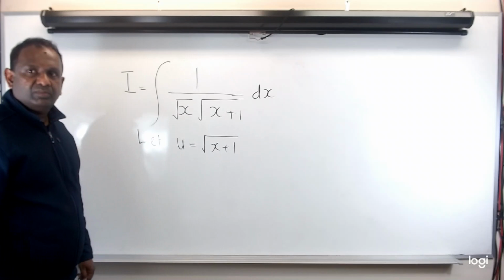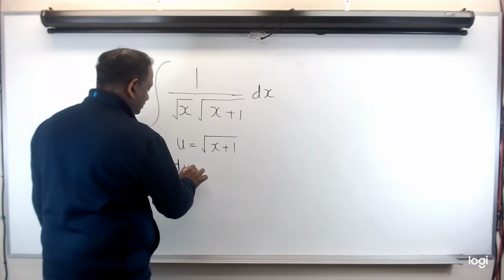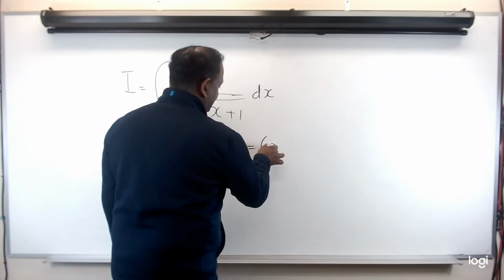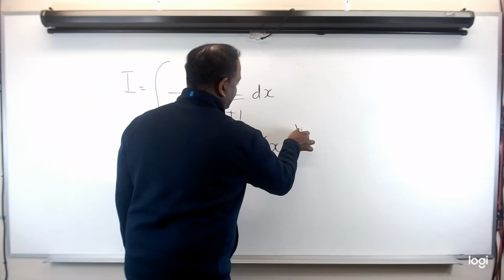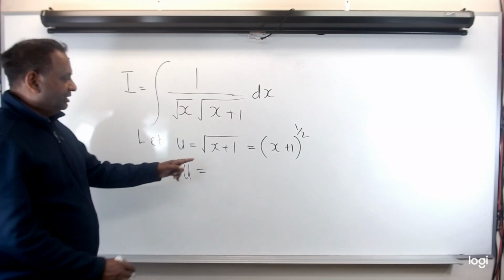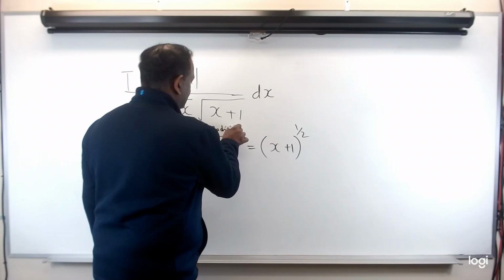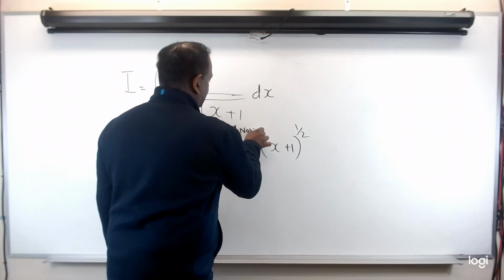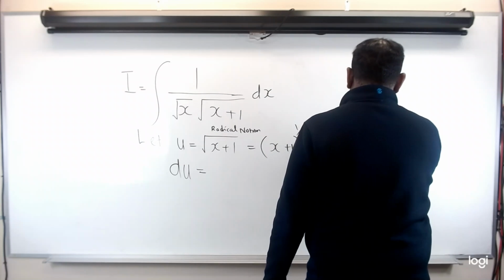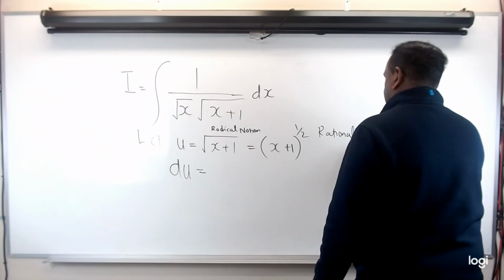Then take the differential on both sides. The same thing I can write as x plus 1 to the half. The same thing is written in this one. This is called radical notation, and this one is called rational exponent notation.